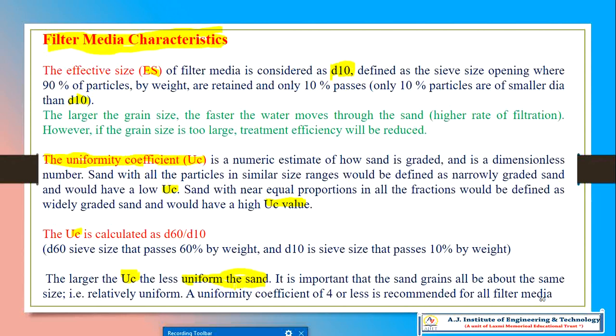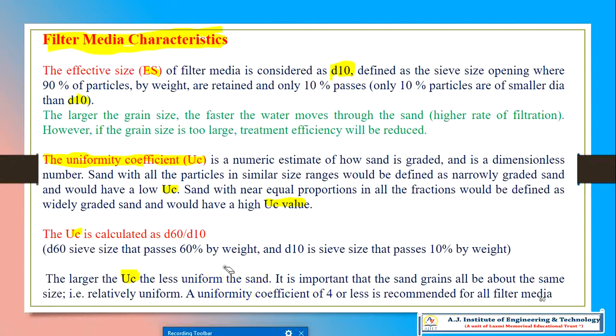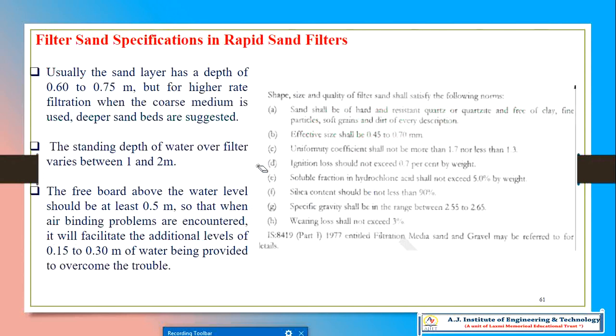It is important that sand grains should be about the same size, that is relatively uniform. Uniformity coefficient of 4 or less is recommended for the filter media. That has to be kept in mind while designing a filter media. That is the media characteristics I explained in the rapid sand filter.